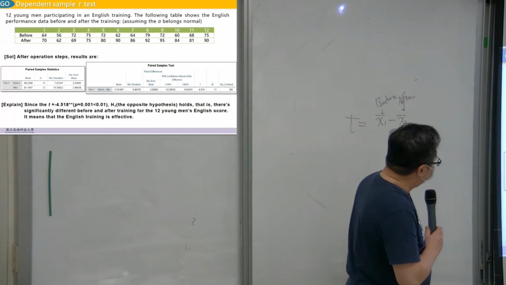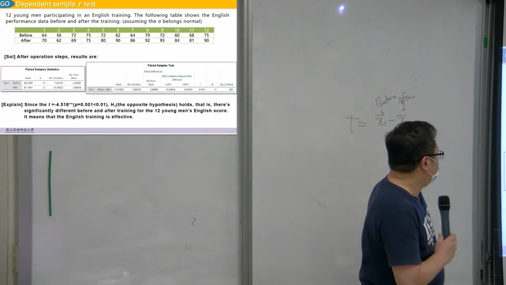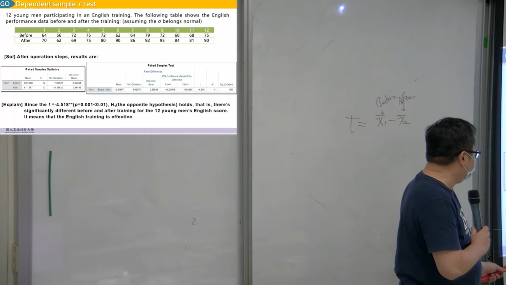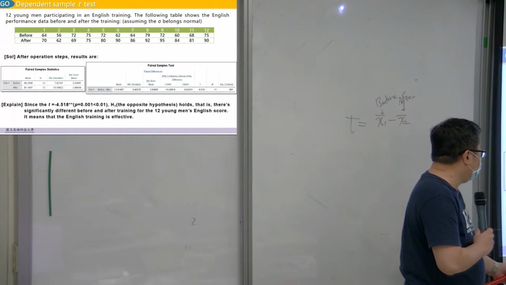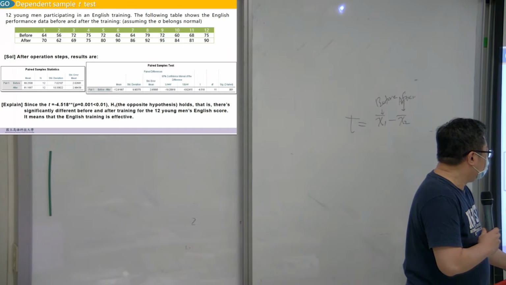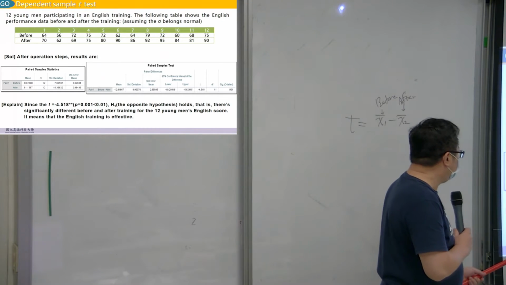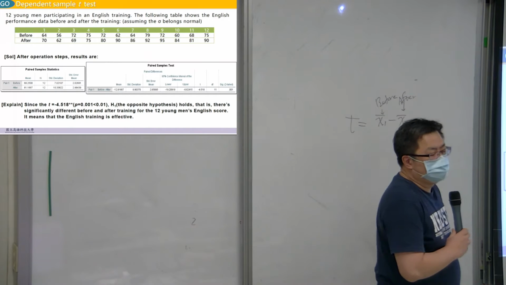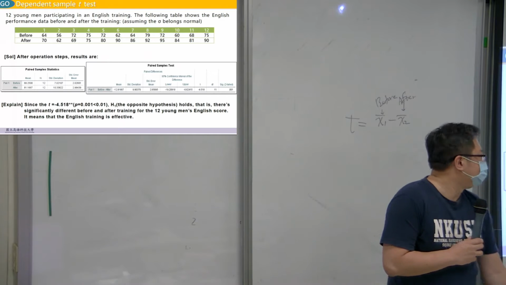Since the t value is equal to minus 4.518 and the p value is 0.001, it's very small. Then the criteria value is 0.01, right? So we keep 2 stars. Very, very significant difference, okay?